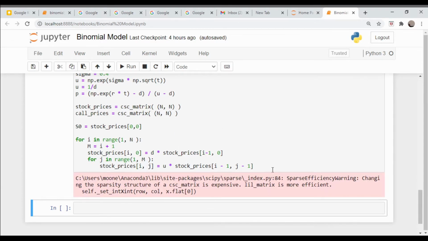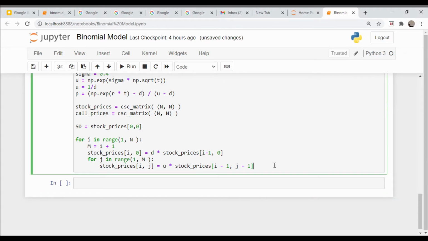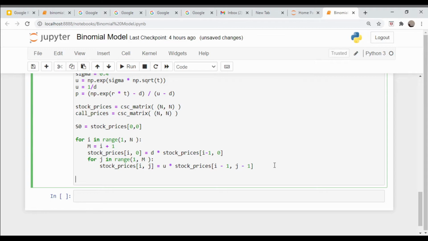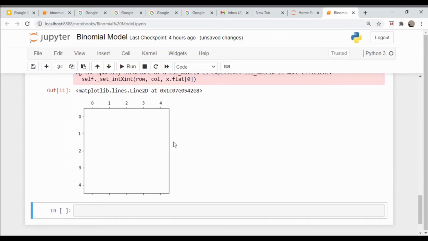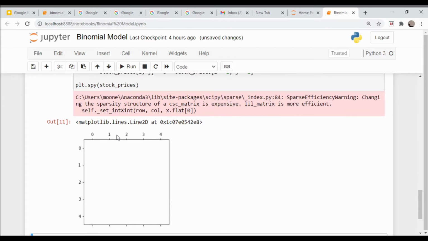I think it'll be easier to visualize that. So let me just run that again, make sure it's all good. And then the reason I pulled in the matplotlib library is so we could visualize what that matrix looks like. So plt dot spy, which is a very useful command, by the way, stock prices. It's a useful command if you're actually populating a matrix with anything other than 0.